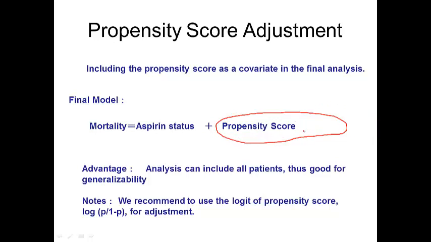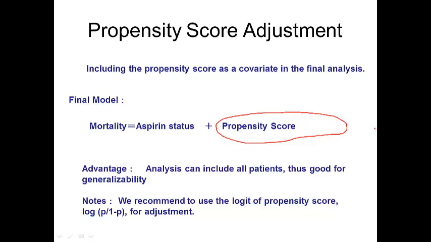Let's say the number of variables you can include in the model depends on sample size, right? So here, if we have 100 patients who died, you can include up to 10 variables, and if you have only 2 variables in the model, then you can actually include more variables.